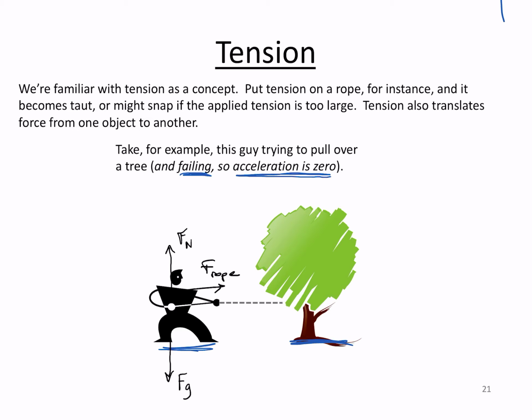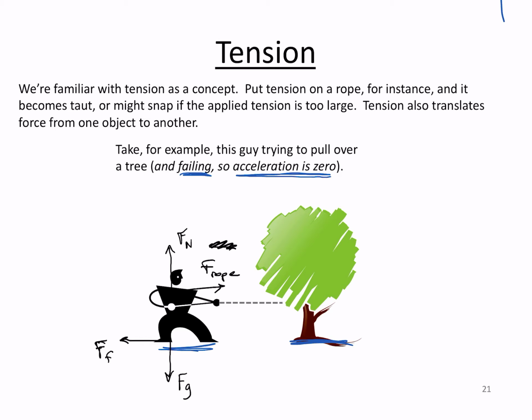And finally, if these were the only forces acting on him, we would expect him to be accelerating in the direction of the force of the rope. We know that that's not taking place, and what could possibly be counterbalancing that? Well, the force of friction, which also is going to be parallel to the ground between his feet and the ground. And we'll put that sort of down here. All right, so the force of friction, static friction in this case.